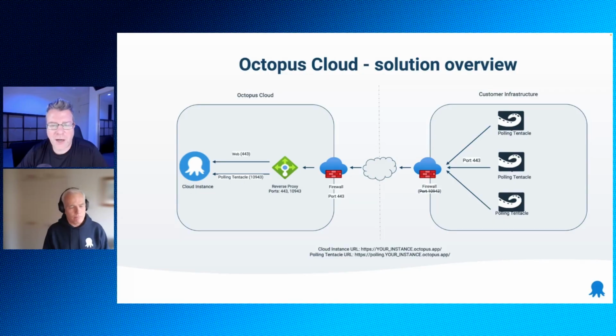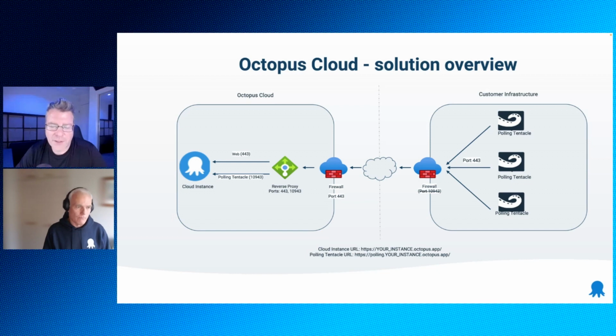And so on the diagram that you're showing here, it shows how typically when a polling tentacle connects, in the old times, I guess before this change, it would connect via 10943. And if it was hitting Octopus Cloud, which is our SaaS offering, it would do so through that same port, which you would have to open as well.